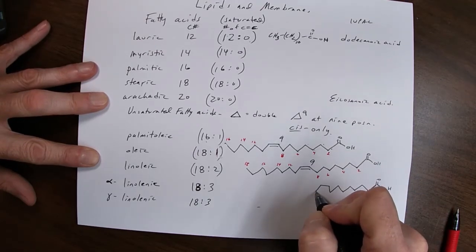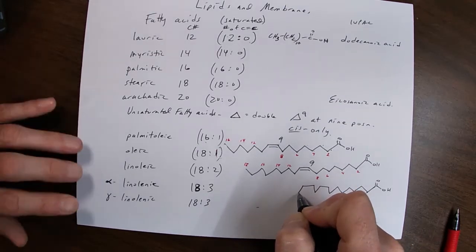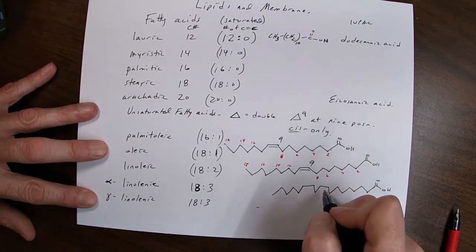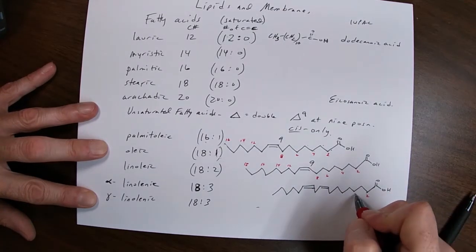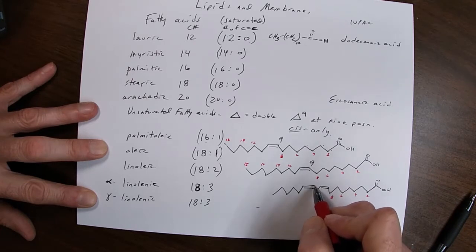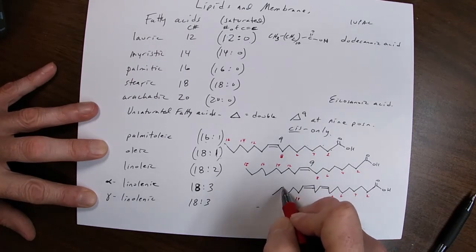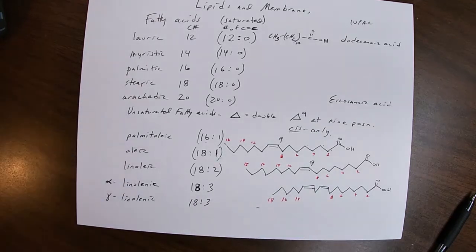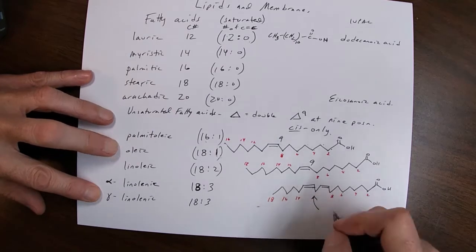Here's 9, 10, 11, 12, 13, 14, 16, 18. Count your carbons. 2, 4, 6, 8, 9, 10, 11, 12, 13, 14, 15, 16, 17, 18. Notice that this is not conjugated.